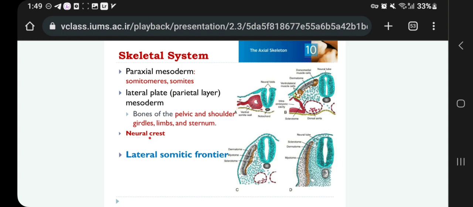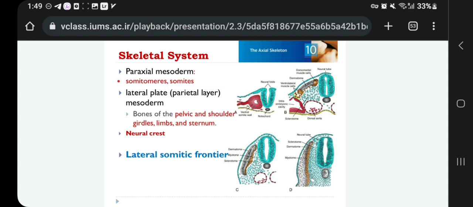In the face and skull, the neural crests have an important role in the bones of the face and skull. They spread and make special bones for the skull and face. But some part of the skull is formed by the somites or somitomeres, the paraxial mesoderm.